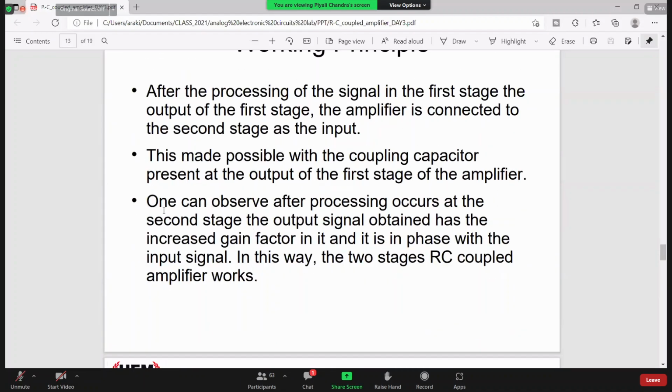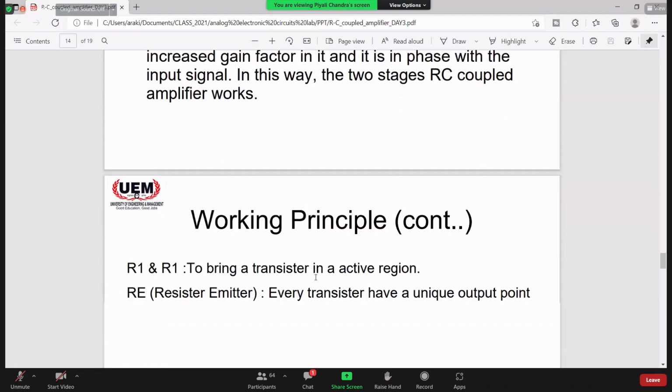The third point is, one can observe that after processing occurs at the second stage, the output signal obtained has an increased gain factor. We'll discuss what the gain factor is, and it is in phase with the input signal. In this way, the two-stage RC coupled amplifier works.